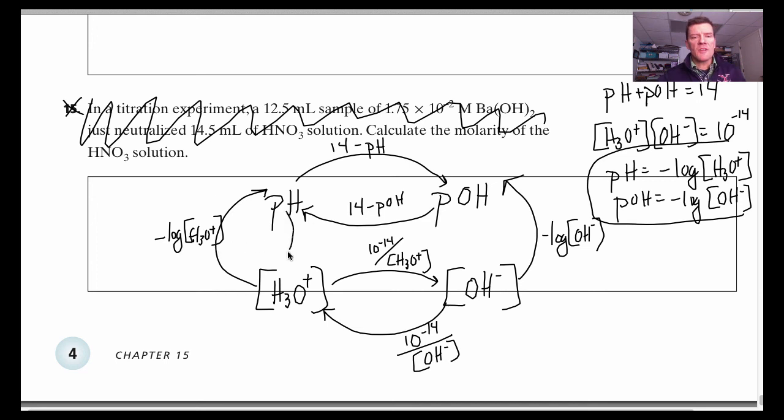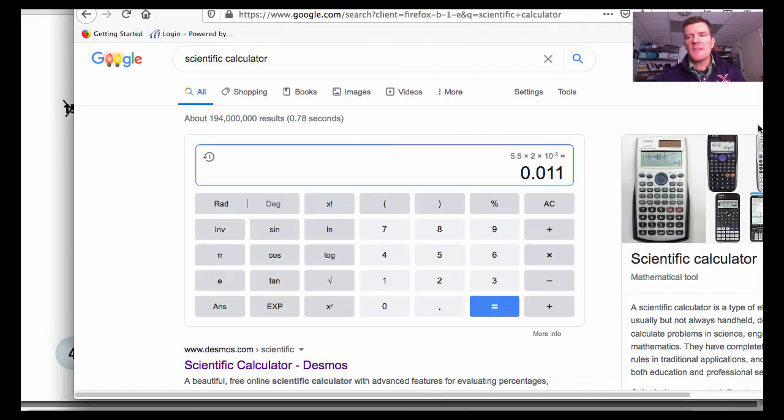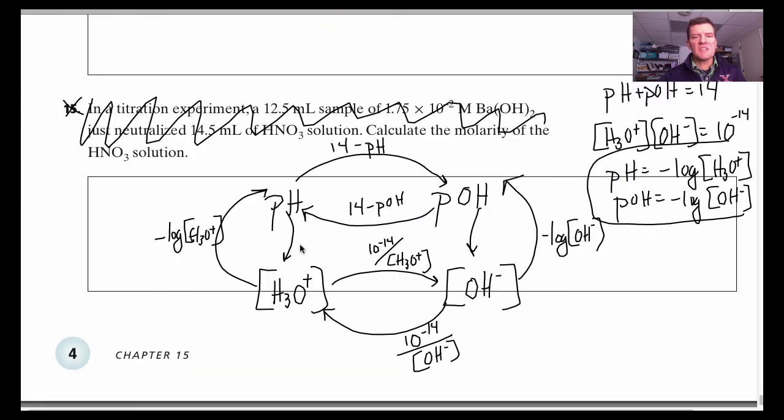To go the other way, remember on our calculators I showed you right here that the inverse function of log is 10 to the x, right there. So 10 to the x means if I know pH and I want to find the concentration, I do 10 to the negative pH. Remember, it's a negative log over here, so it's 10 to the negative pH.